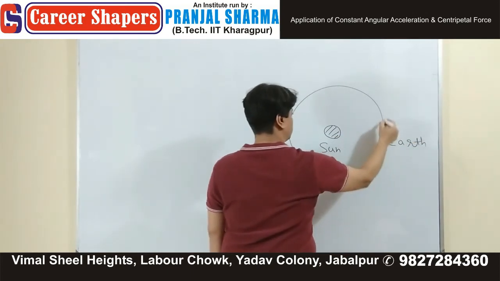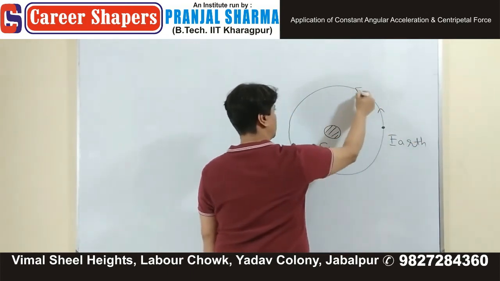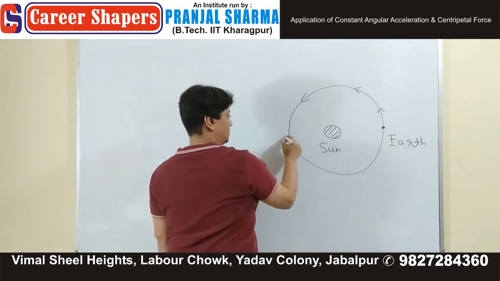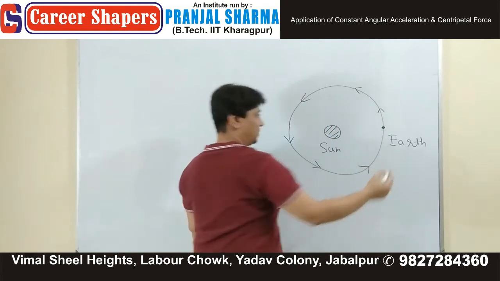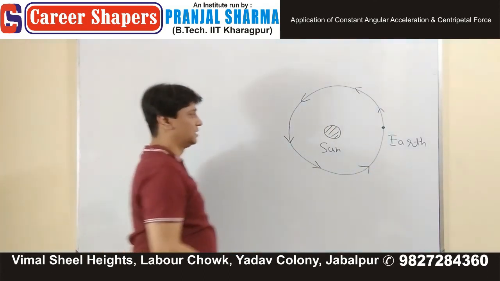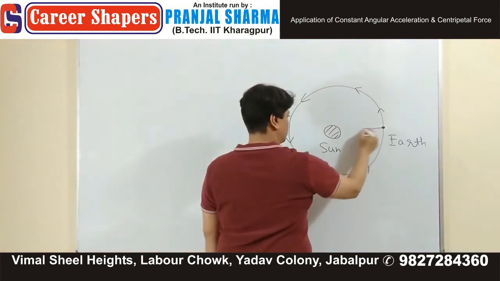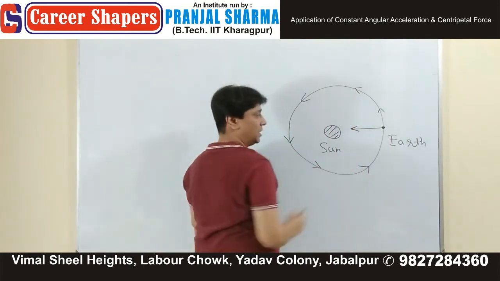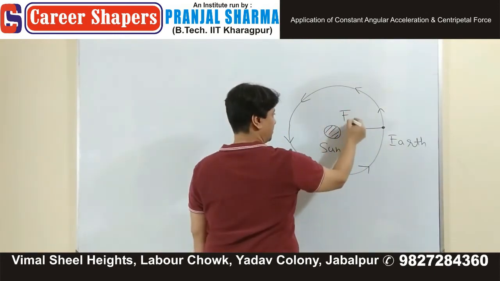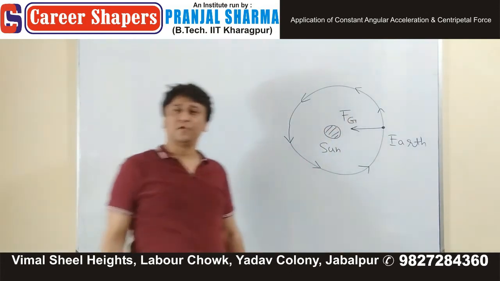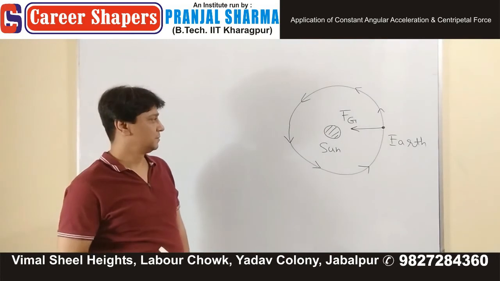And Earth is moving in a circular orbit. So what you are basically saying is that the gravitational force acting on the Earth, F G, capital G for gravitational force.